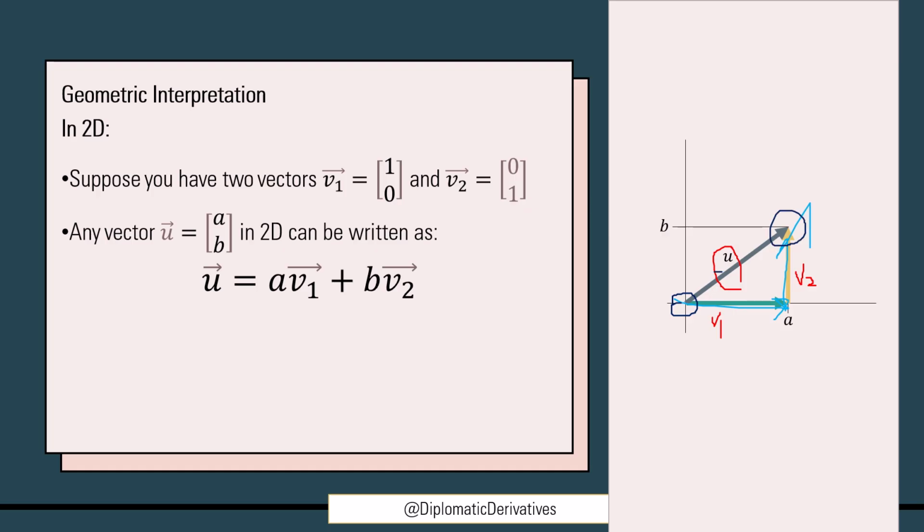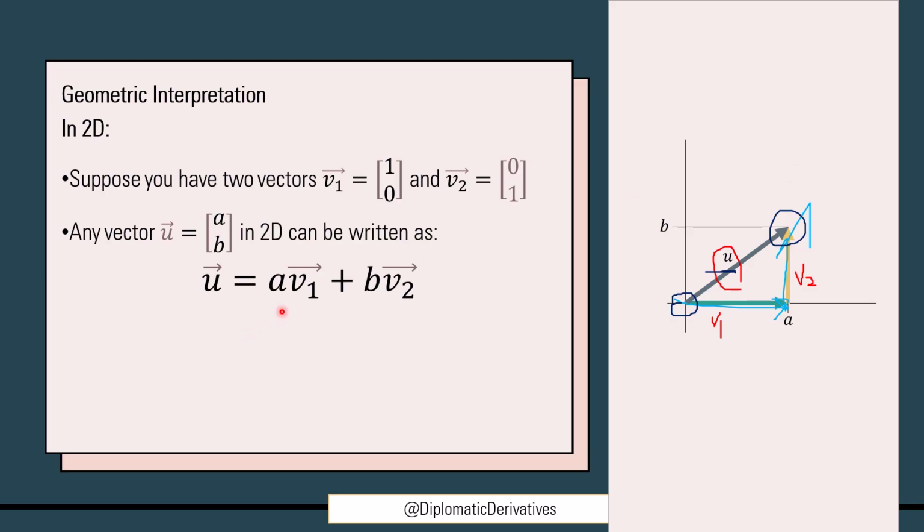So that's your resultant vector. With the help of the head-to-tail rule, you created the resultant and basically performed the linear combination. So you're moving a units in the x direction and b units in the y direction.